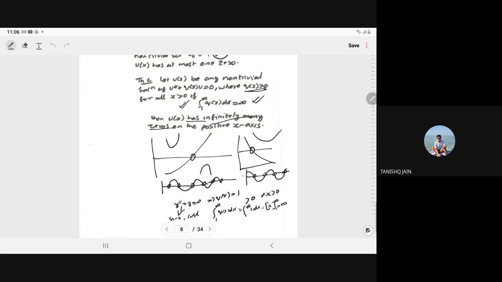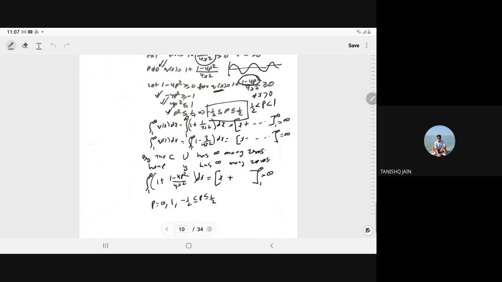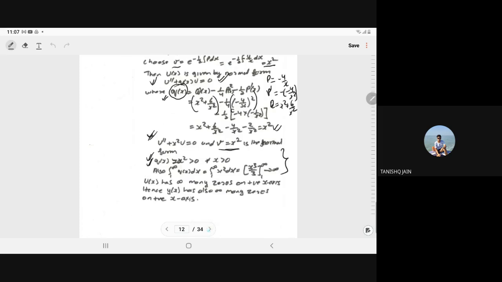Theorem C: let u(x) be any non-trivial solution of u double dash plus q(x) u, where q(x) is greater than 0 for all x greater than 0. If the integral from 1 to infinity of q(x) dx is equal to infinity, then u has infinitely many zeros on the positive x-axis. It is satisfying both conditions, so now you can say u(x) has infinitely many zeros.